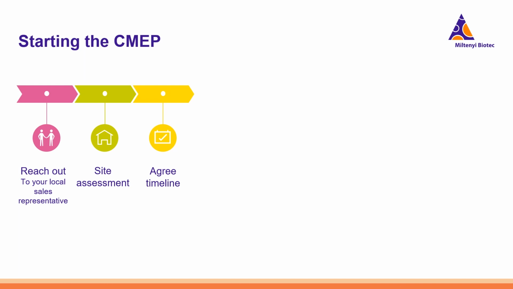Once we know that the site is suitable and that it makes sense to provide such a training, we can discuss with you and our local sales representative in a kind of triangular communication channel and agree on suitable timelines, when you would like to host us, and how we should logistically organize the training, whether you only need the cell manufacturing training or also the QC training, and when you can receive the different steps of the training and so on.